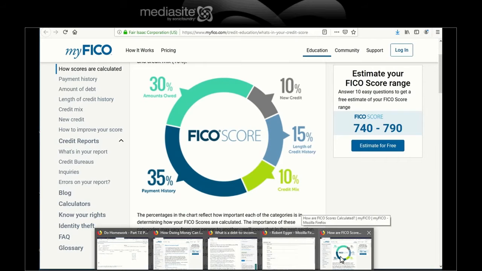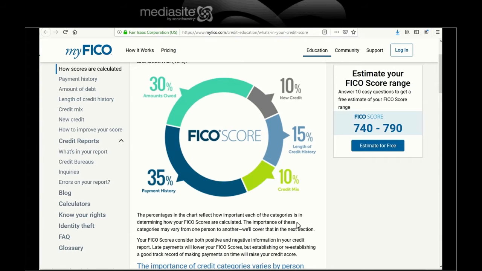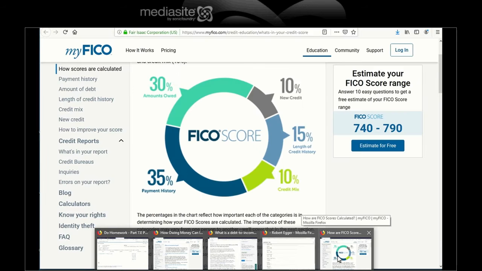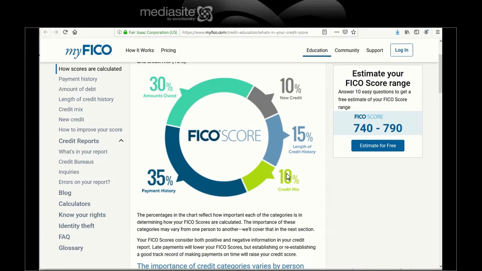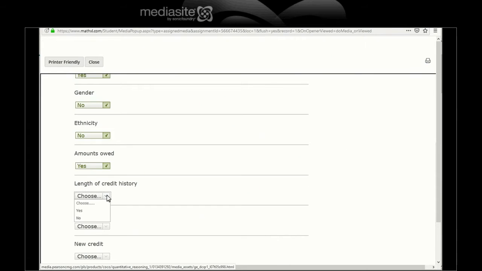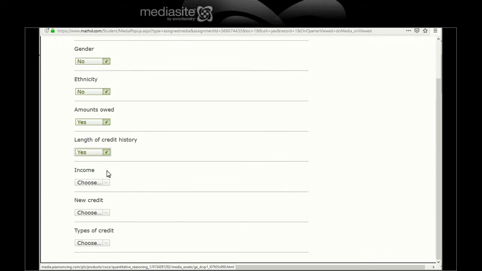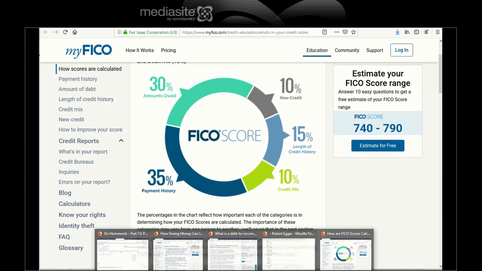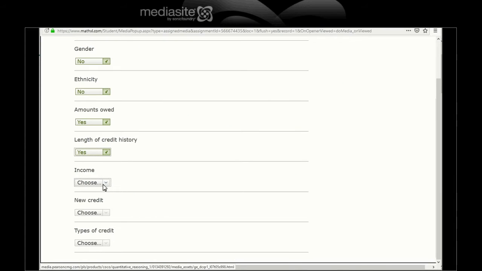Yep, amounts owed, right here. Yes. Length of credit history. Here we go. Yes. How much you make? Income. I don't see income on here. So income is not part of your credit history.